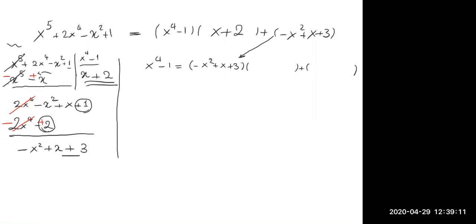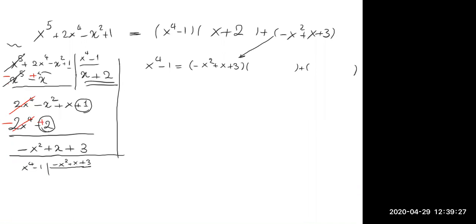So the second division would be x to the 4 minus 1 divided by minus x squared plus x plus 3.